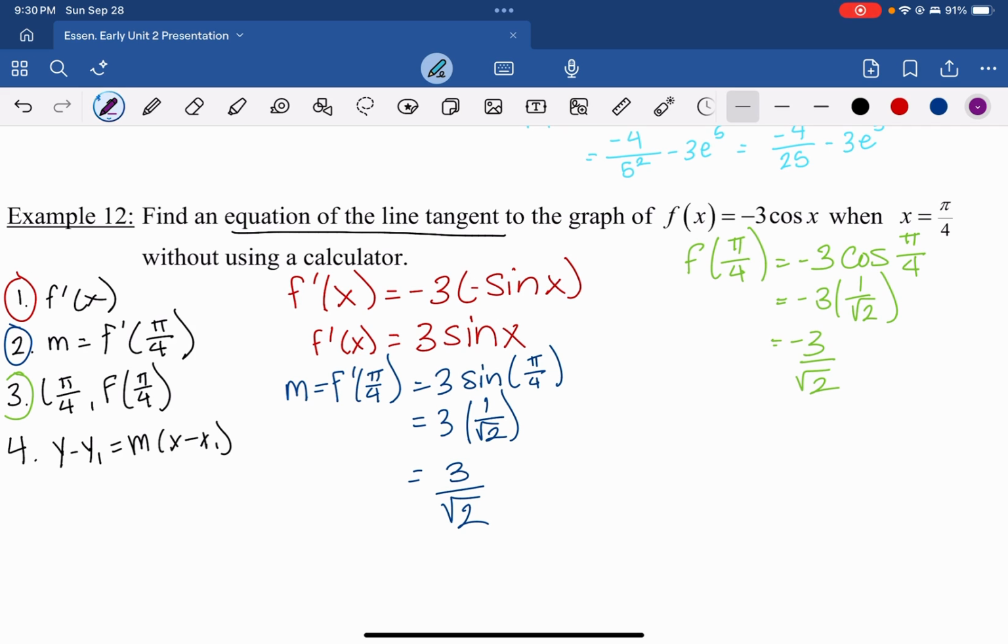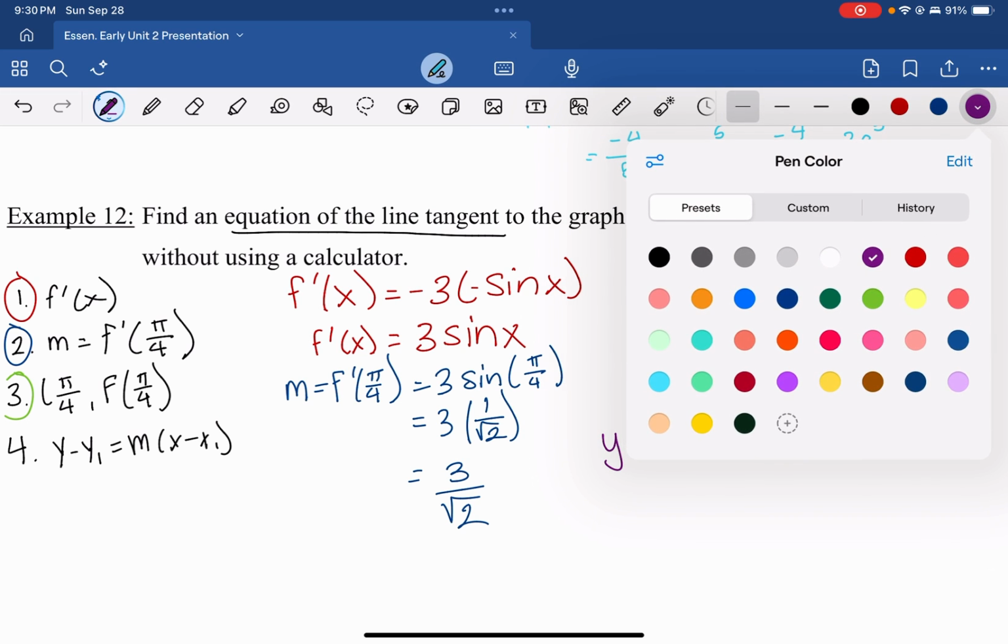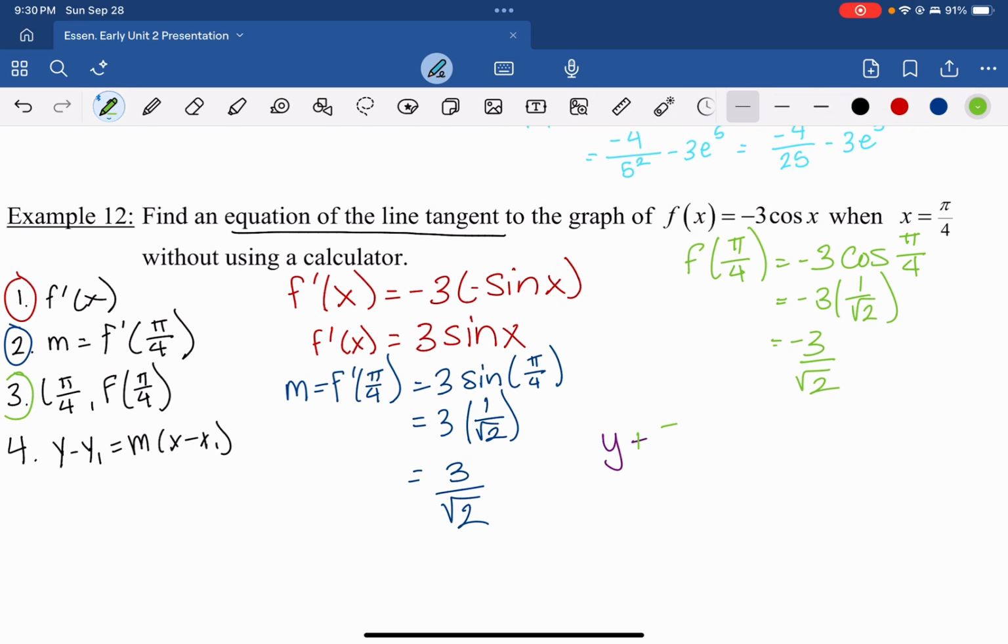So last, we're going to actually write our equation. So y minus our -3 over the square root of 2 equals our slope of 3 over the square root of 2 times x minus pi fourths.